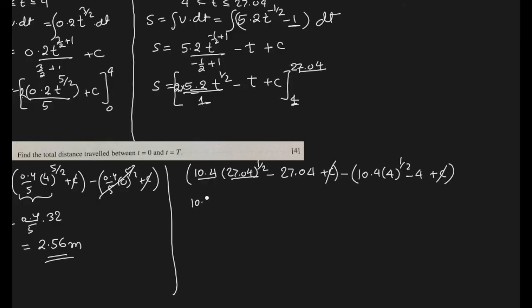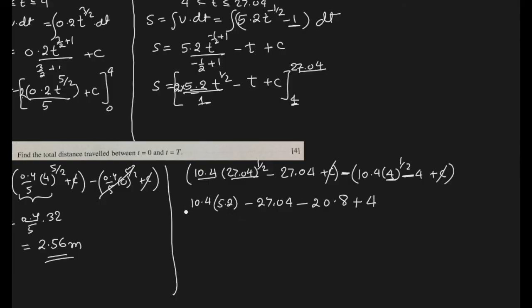So 10.4 times 5.2 minus 27.04 minus 4 to the power half, which is square root of 4, which is 2, 20.8, and this negative will make it positive and plus 4.